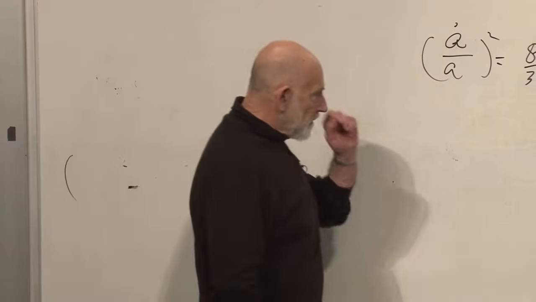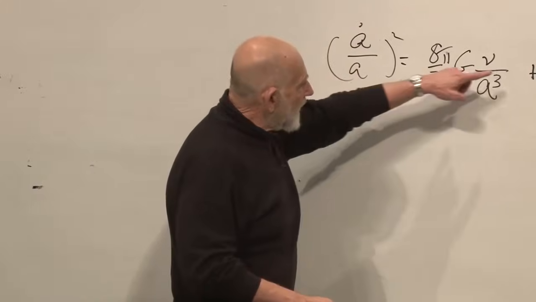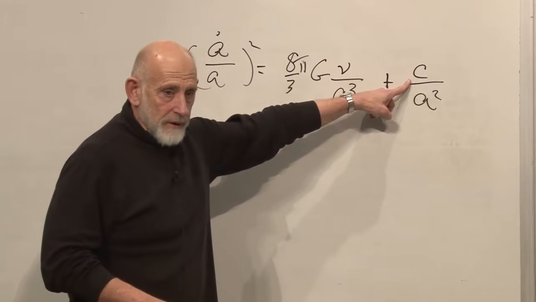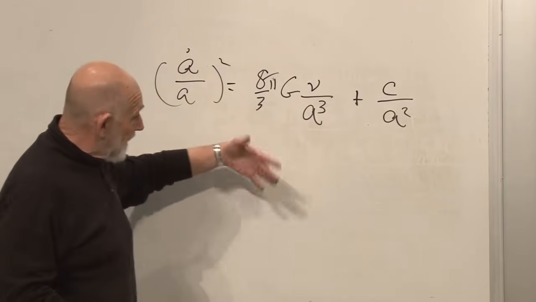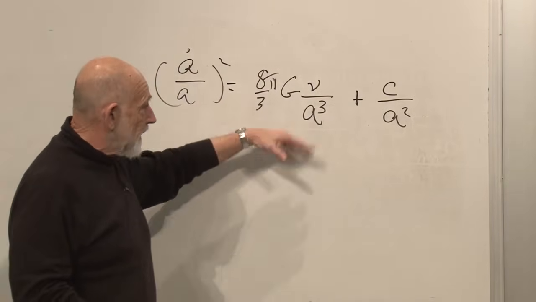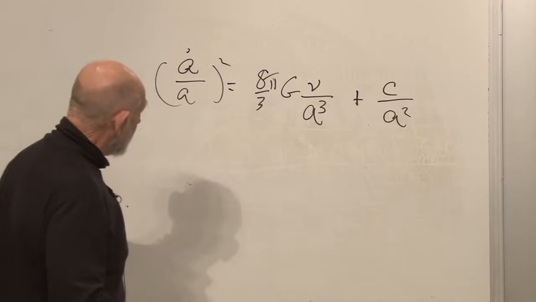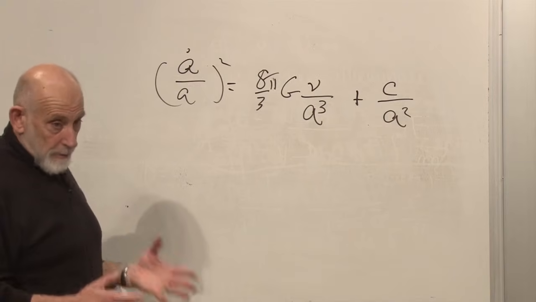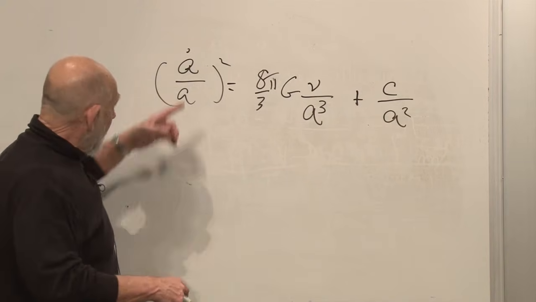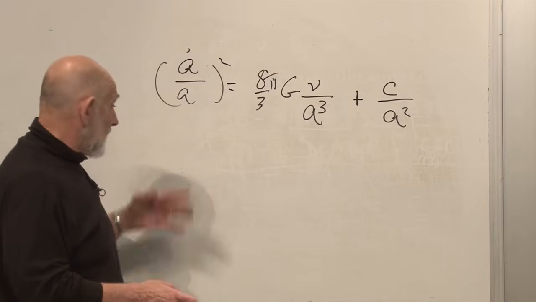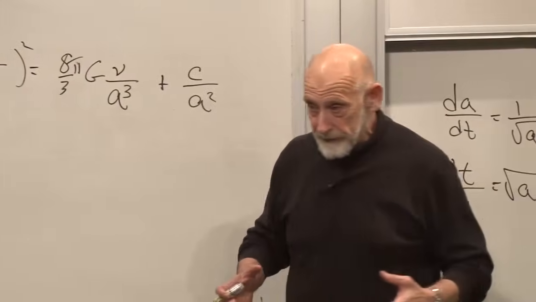Let's assume for the moment that the universe continues to grow. If C is positive, and everything else on the right-hand side is positive, 8, pi, g, nu, a cubed, they're all positive, then the right-hand side is strictly positive, and a dot over a is positive. In other words, the universe continues to grow. If a dot, the time derivative of a, is positive, the universe continues to grow forever.